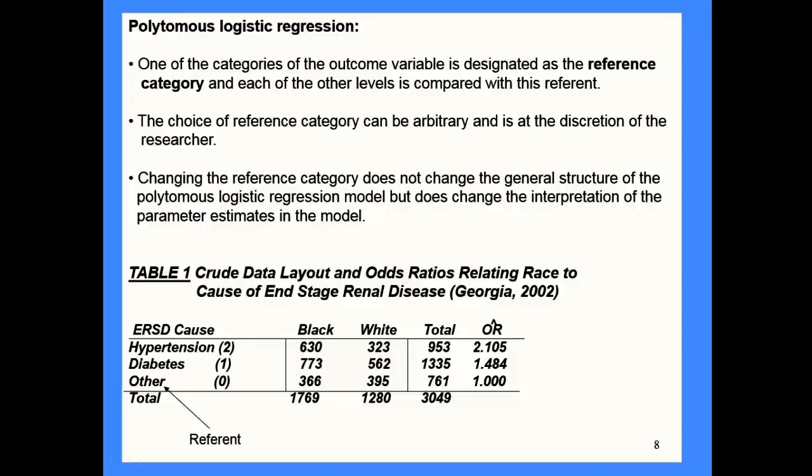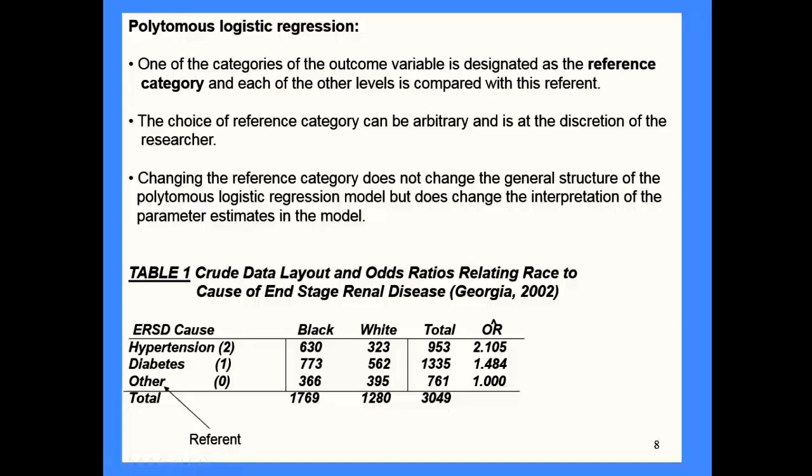I'm not telling you whether it's significant or not. And the odds ratio comparing diabetes to other turns out to be 773 times 395 divided by 562 times 366, which is 1.484. And the 1 is just the odds ratio of that category with itself, which doesn't tell you anything.